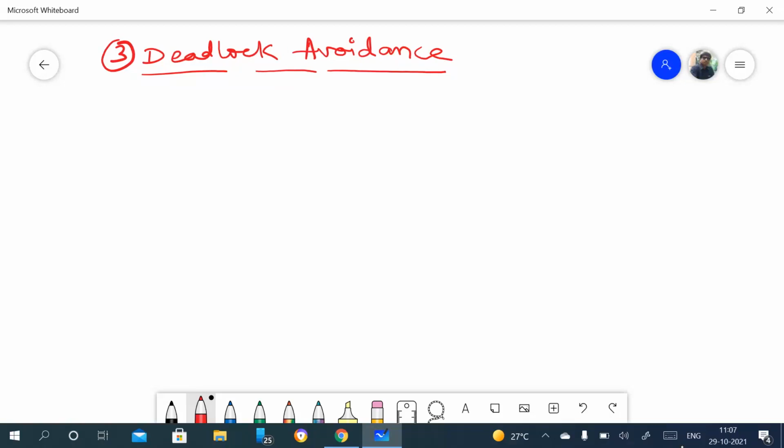So in advance we need to tell the system these are the requirements of the processes, these are the resources the process has allocated, and these are the resources the process needs. If we provide this information to the system, then we can avoid this case, right? So first, every process needs to declare the maximum number of resources that it may need.